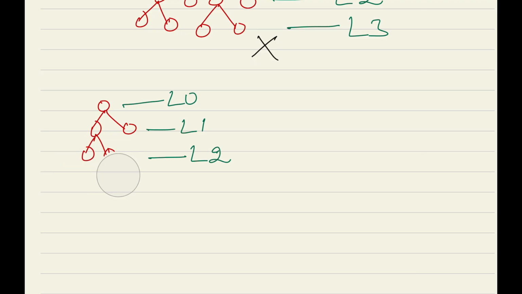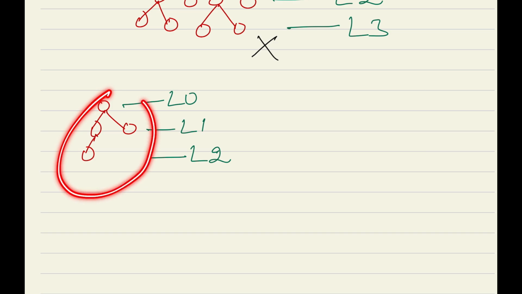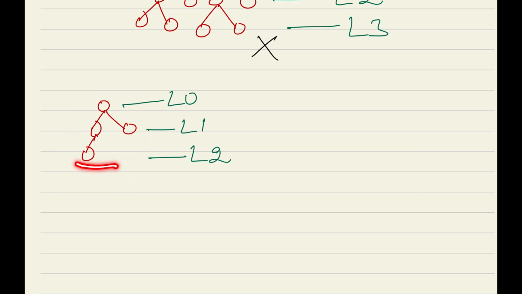If we delete this node here, we can say this one is also a complete binary tree, because level 2, although it is not filled completely, is filled from left to right and the rightmost nodes are empty. Now, if I draw this figure it is like this.